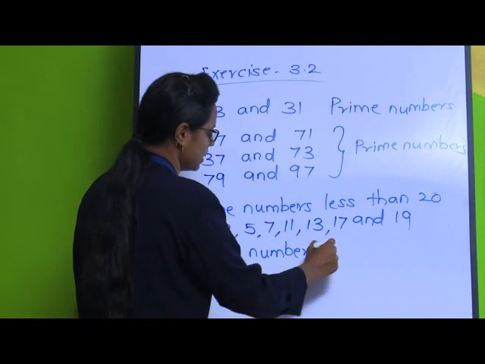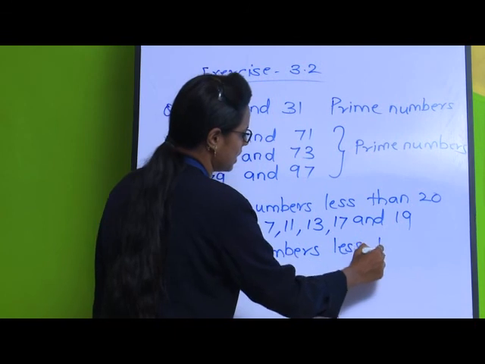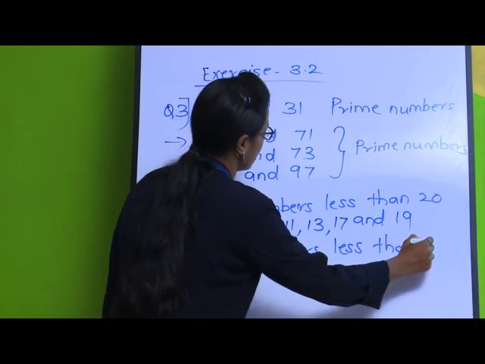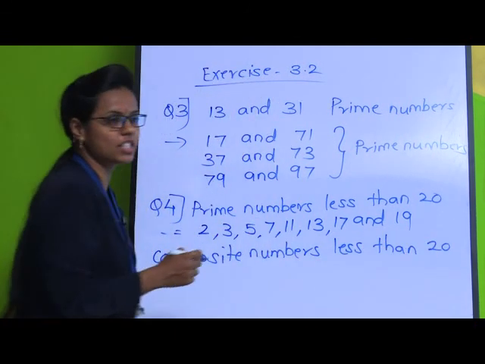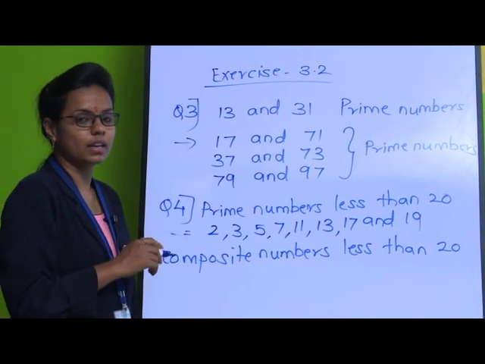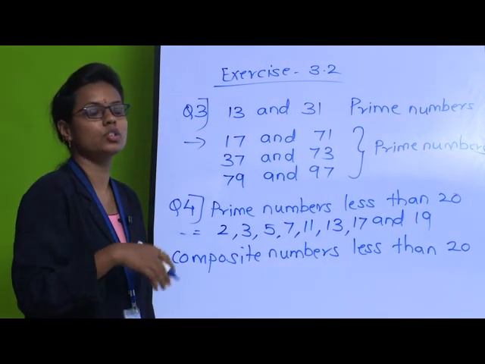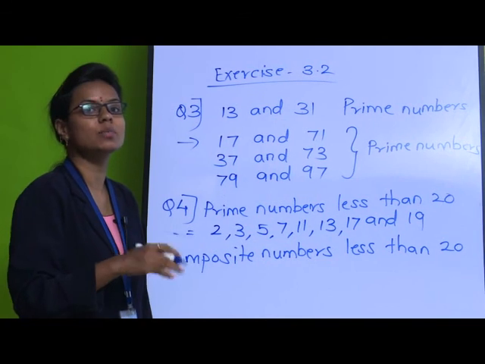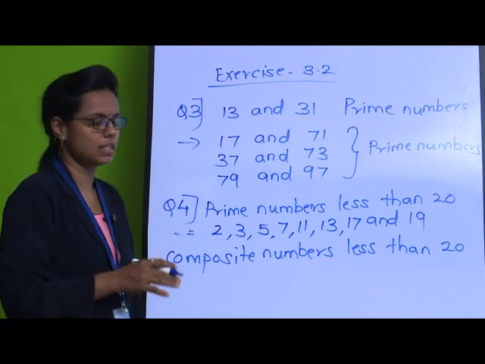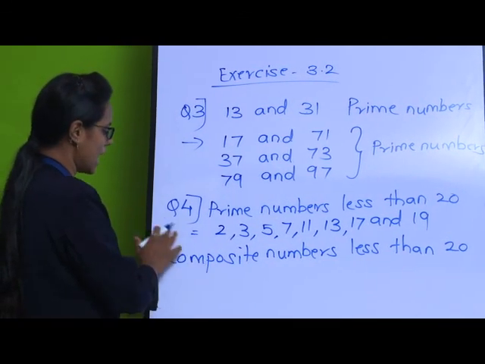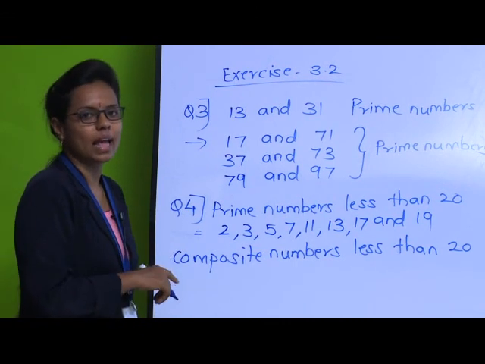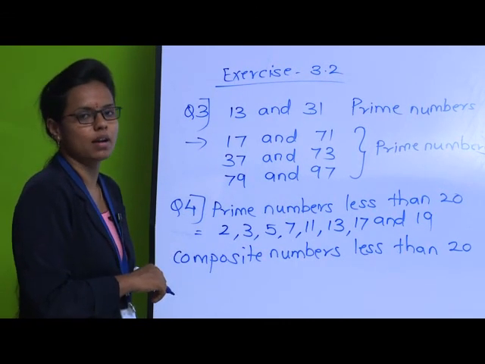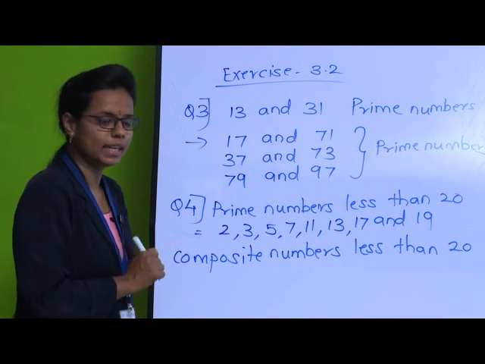Now let us find composite numbers less than 20. Now what are composite numbers? What we have studied: the number should have more than 2 factors. Any number which has more than 2 factors is called a composite number.